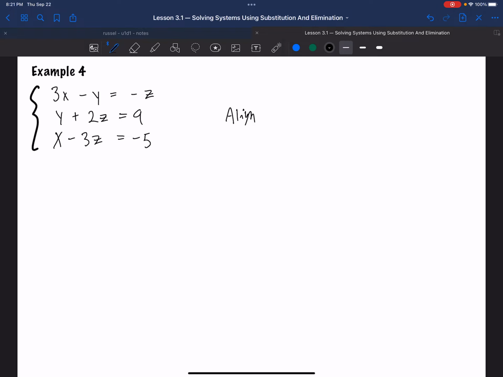If you choose a substitution route, you'll want to solve for a single variable, take that expression, plug it in somewhere else. But if our goal is to reduce this system to a 2x2, usually elimination is going to be the better approach. But hey, this is a case-by-case basis, and who knows what your brain notices. You might see something brilliant that's actually more efficient to use substitution rather than elimination. So if you see that, you're welcome to do that.